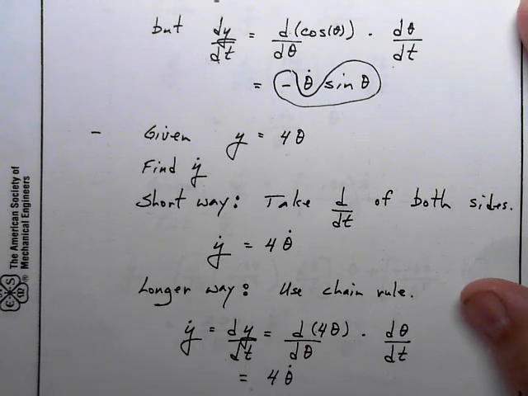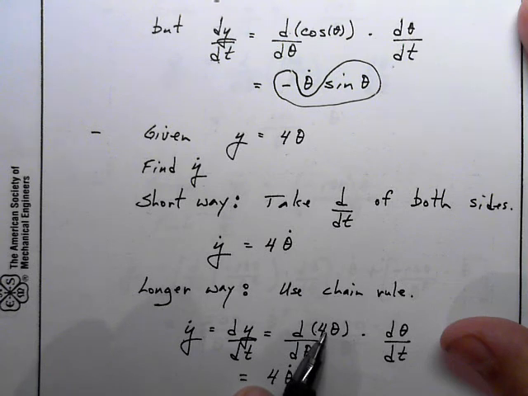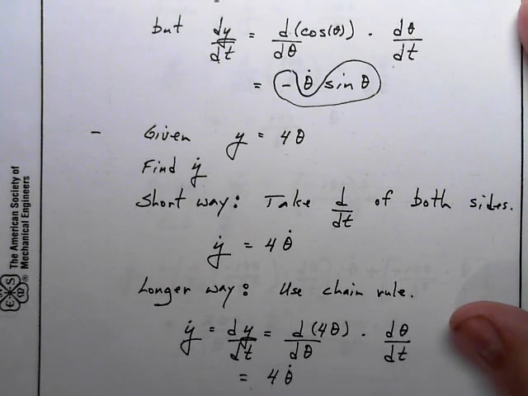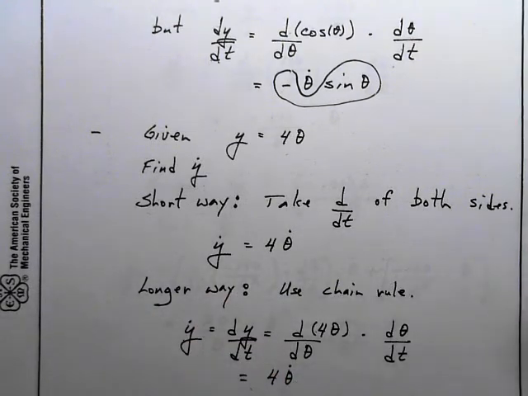But we also can follow the chain rule process, which says y dot is dy dt, by definition dy d theta times d theta dt. What is dy d theta when y is equal to 4 theta? It's just a 4. So from this term we get a 4, from this term we get the theta dot, and so the answer is 4 theta dot. Either way works, the short way or the chain rule way.